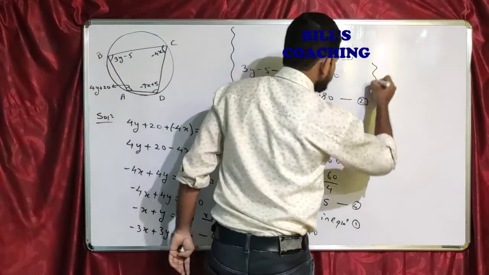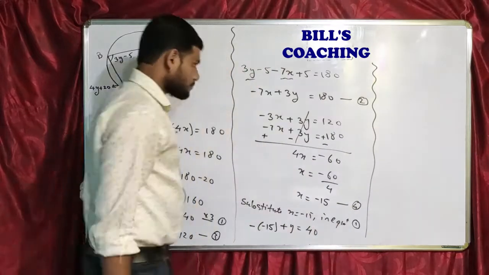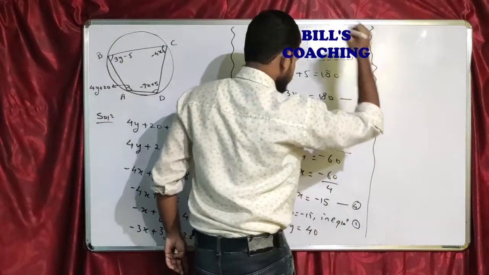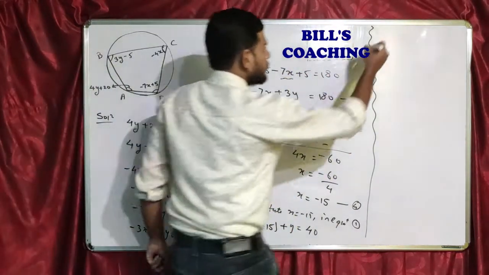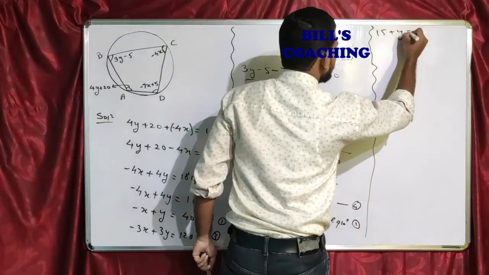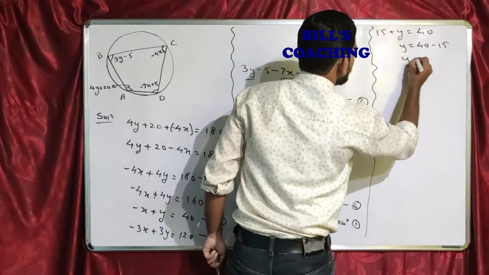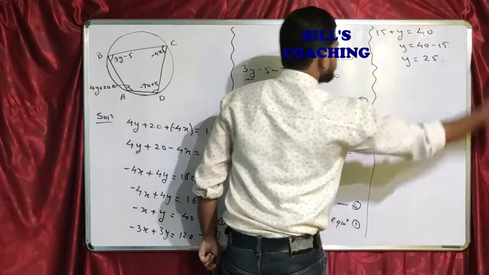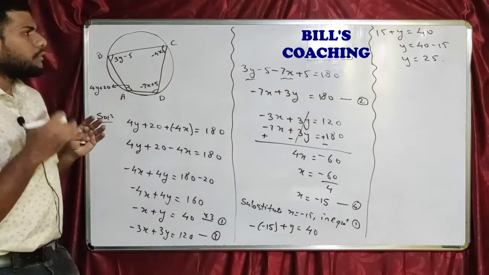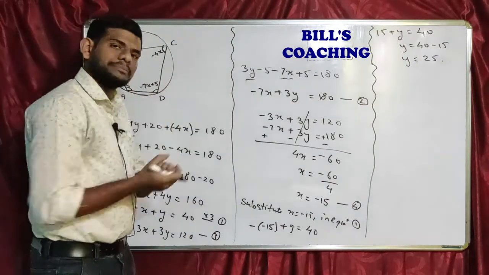Now solve it. What will get? Let me solve it over here. This will become 15 plus y, which will become 40, and y will become 40 minus 15, so y will get as 25. Simple thing, we got value of x and y, a nice thing.